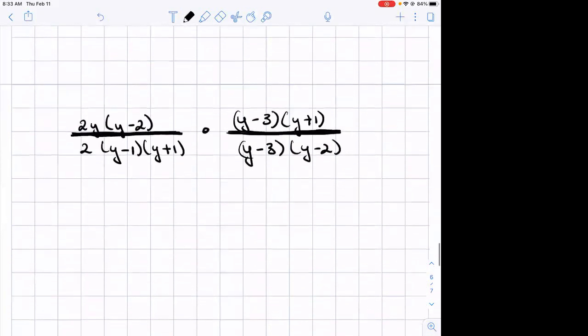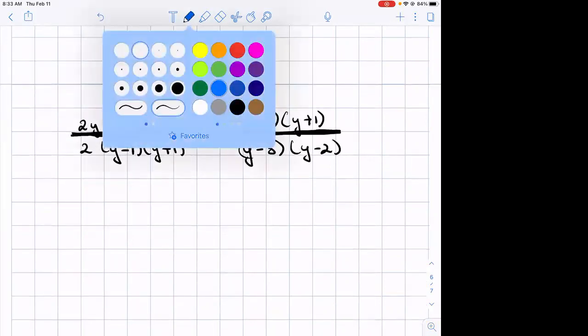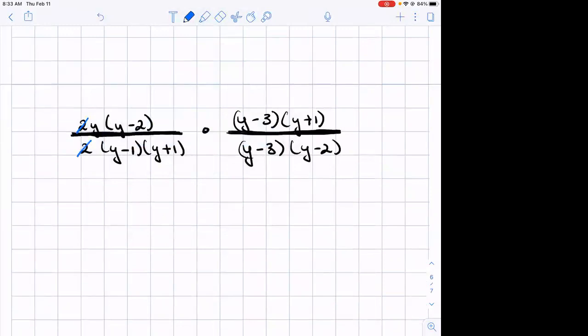Now we look for like things and cancel them out. Any top with any bottom. So my first cancellation that I see, I have a 2 here that can cancel with a 2 here. Okay. I have a y minus 2 in the top here, and I have a y minus 2 in the bottom here. So these will cancel with this.